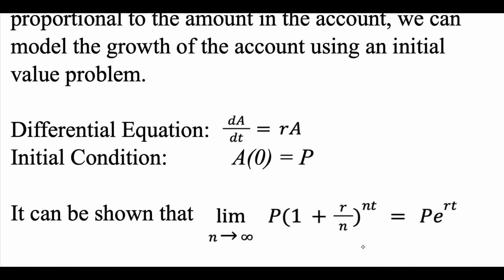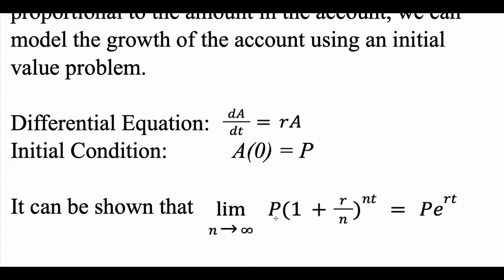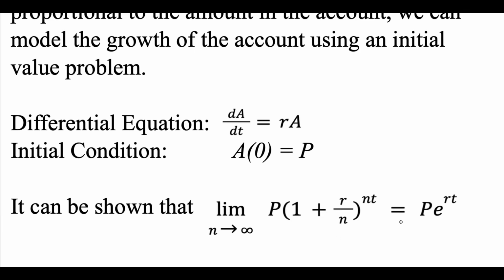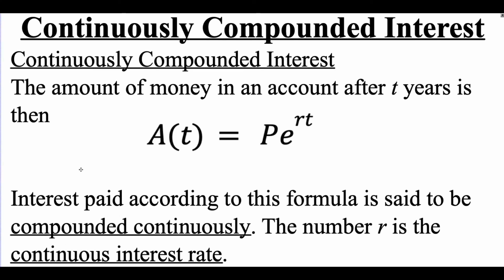Then what we could do is use limits to show that P times (1 + R/N) to the power of NT, as N is approaching infinity, is really equal to P times e raised to the power of RT. So that's where we get the continuously compounded interest formula from, where it says A of T equals P times e raised to the RT power.